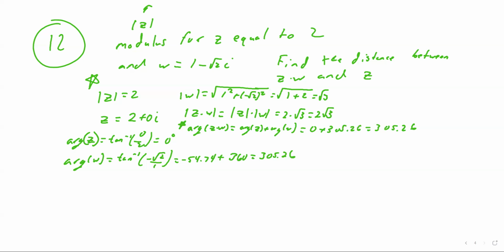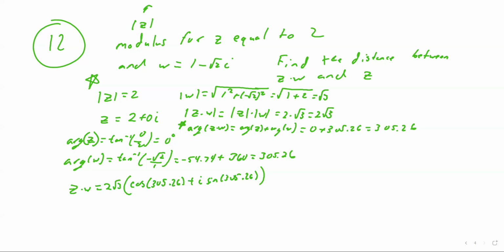So I can find the distance. So Z times W is going to equal R, which is 2 square root of 3, times cosine 305.26 plus I times sine of 305.26.